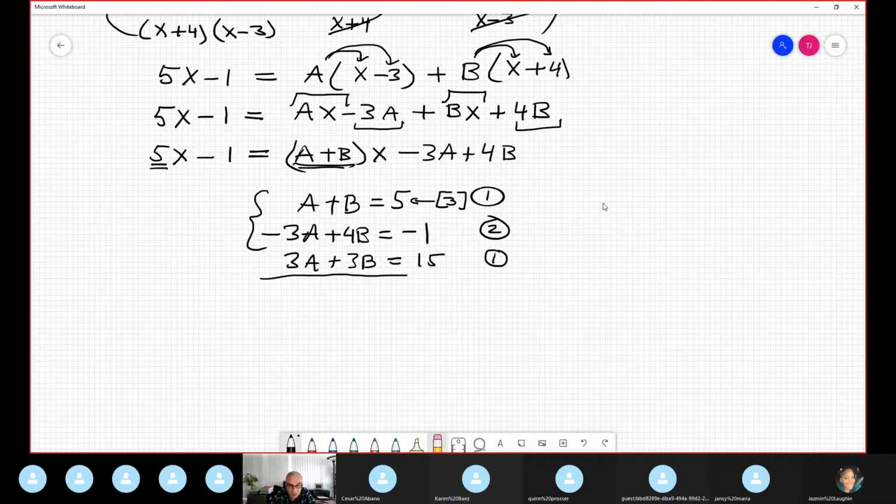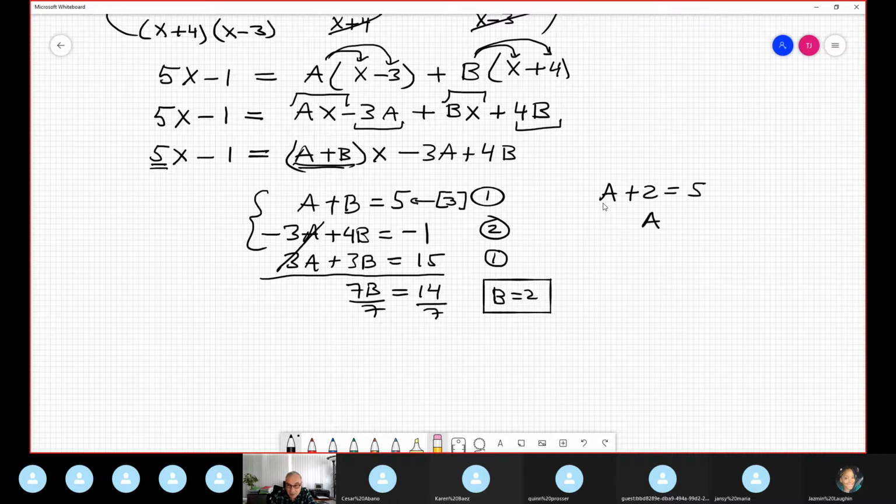But now it's ready for elimination. When you add 1 plus 2, this is gone, this is 7b, and this is 14. Divide by 7 both sides, b is 2. I'm going to find the a value. You use this side, plugging into the easier equation, in my opinion the first. So a plus b, which b I know is 2, is equal to 5, therefore a is 3.